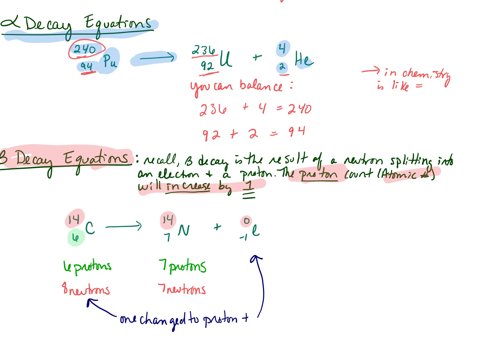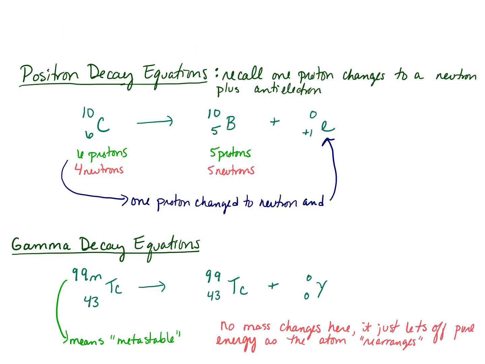Since with beta decay, we have a -1 down here, then that means that we have to change the bottom number on the right-hand side to a 7. What that means is that you just change the identity of that atom, right? Because it's defined by what your proton number is. Okay?